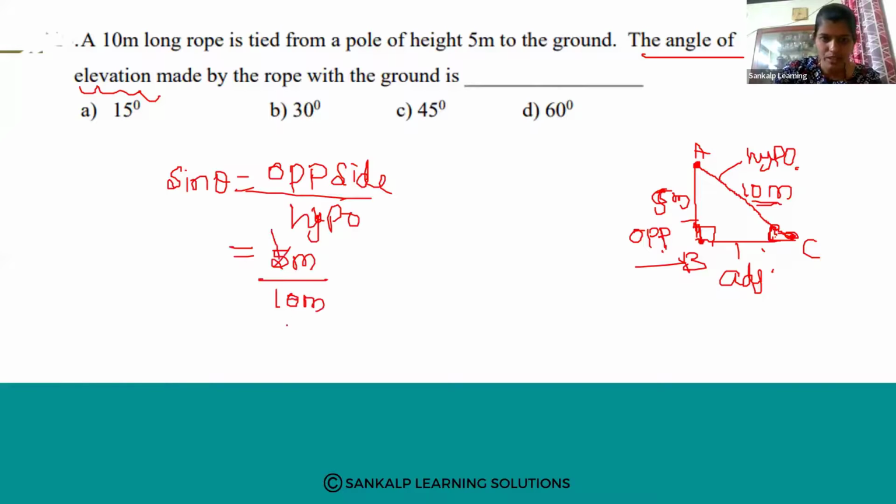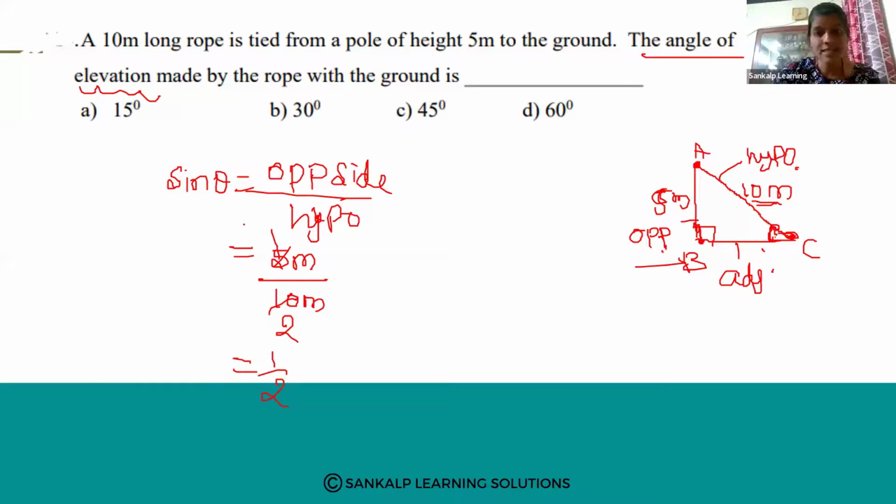So 5 ones are 5, 5 twos are 10, that means you are going to get 1 divided by 2. So which theta value gives 1 divided by 2? Sin 30 degree.